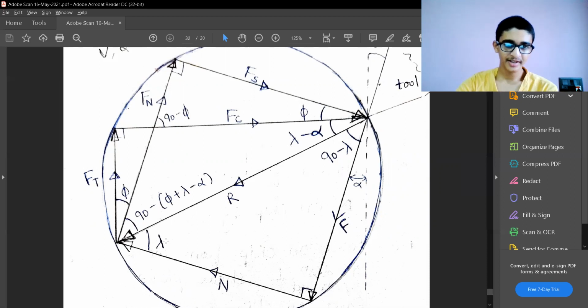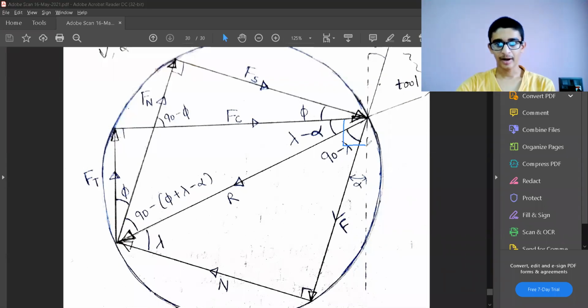Now this angle is lambda. That means this angle will be lambda minus alpha, because this is 90 degrees, that means this is 90 minus lambda. And again, this angle is 90 degrees, out of which I have to subtract alpha, and I have to subtract this 90 minus lambda. What is left over here is lambda minus alpha.